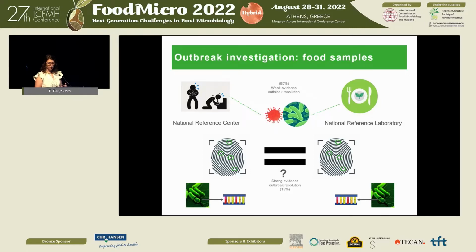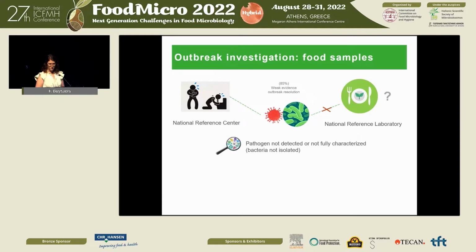But this, called strong evidence outbreak resolution, is only obtained in 15% of the cases nowadays in Europe. And in 85% of the cases, we only get a weak evidence outbreak resolution. And this can be because the bacteria or virus is not fully characterized, maybe because the bacteria was not isolated, or because the pathogen was just not detected in the food.